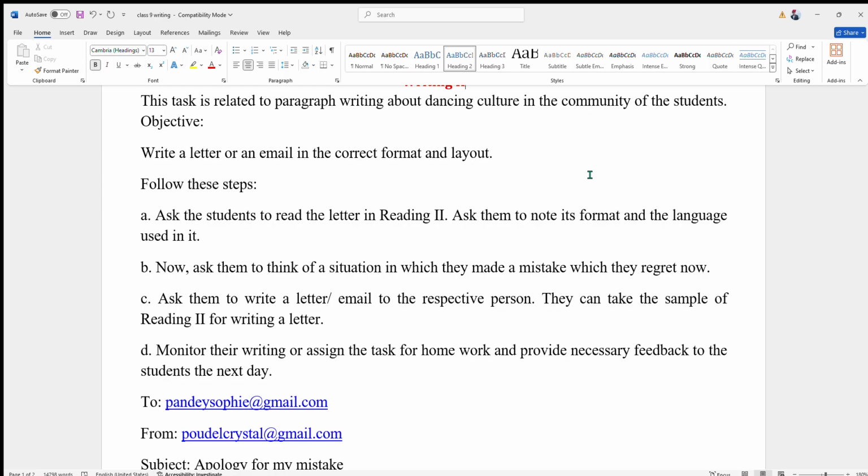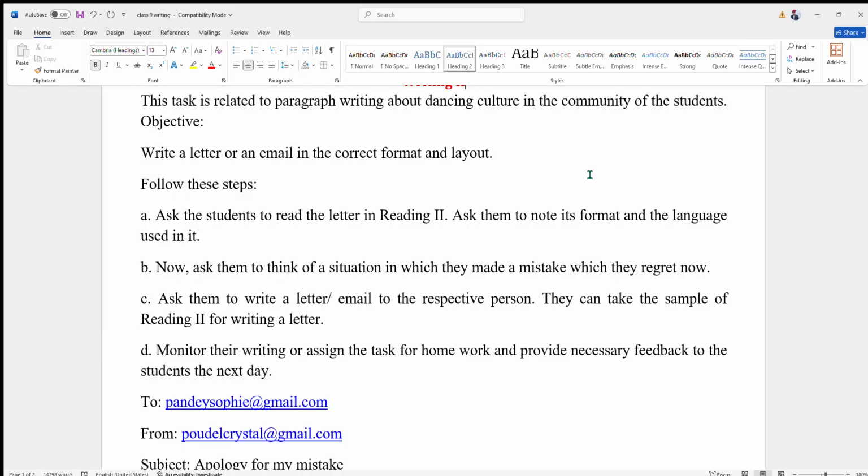Now ask them to think of a situation in which they made a mistake which they regret now. Ask them to write a letter or email to a respected person.